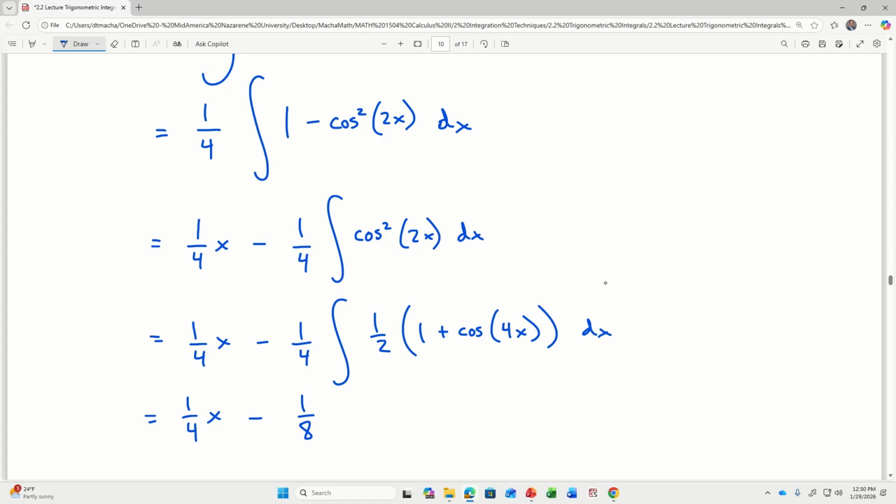The antiderivative of the 1 is going to be x. And then the antiderivative of cosine is going to be sine. And I also have to divide by the 4, right?